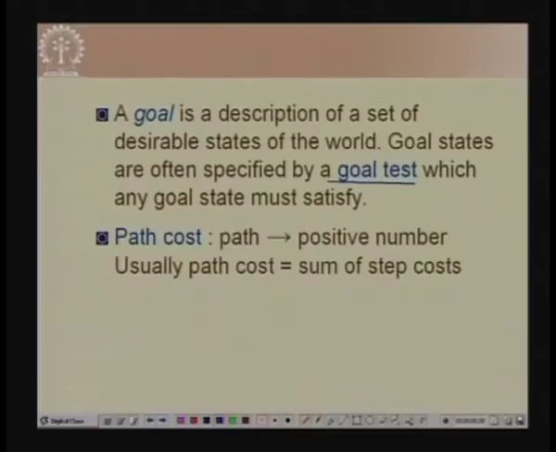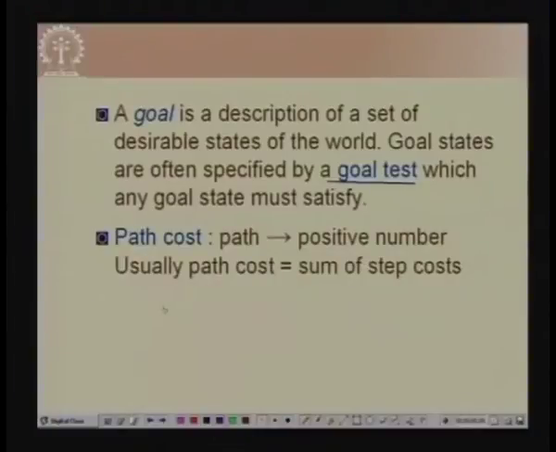We will take up examples to illustrate this. A plan or a path, as we said, is a sequence of actions, and the cost of a path is a positive number, which is usually the sum of the costs of the different steps or actions which are part of the path.